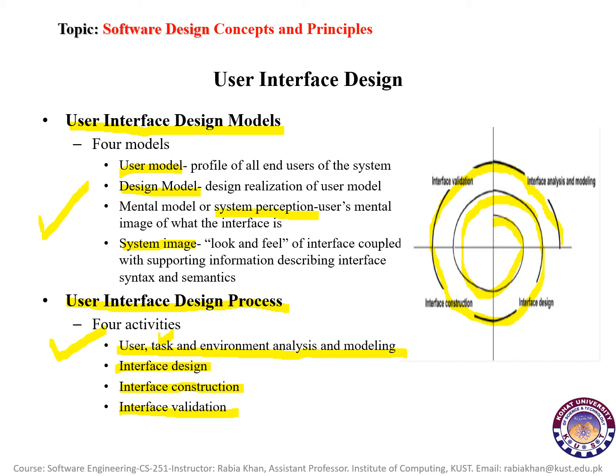Then we move to the second activity, which is the interface design activity. The goal of this activity is to define a set of interface objects and actions that enables a user to perform all defined tasks in a manner that meets every usability goal defined for the system.